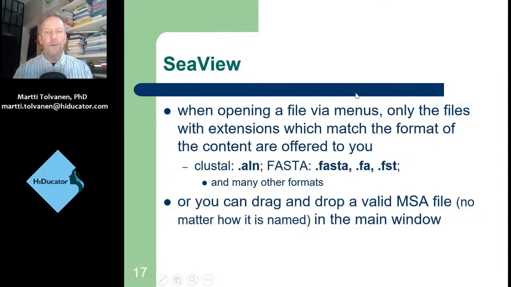You can do it through the file open menu dialog, but then you have to choose which format of file you want to open, and for CView to find the file in that folder, it requires that your cluster files are named .aln, and the FASTA format files can be named .fasta, .fa, .fst. And there are multiple other formats, but let's just stick with the two most familiar ones.